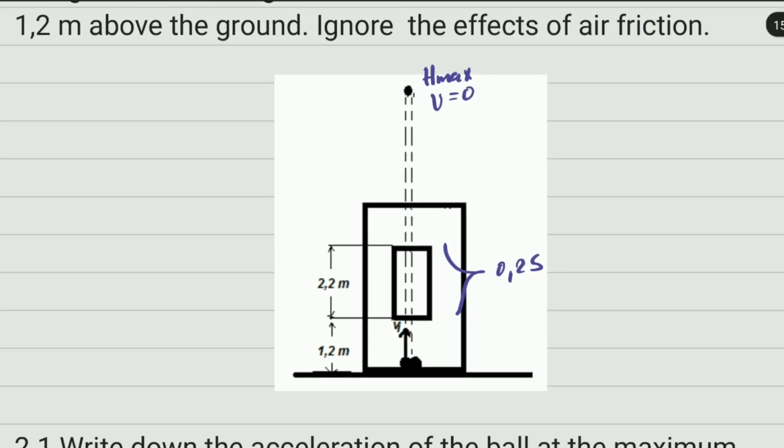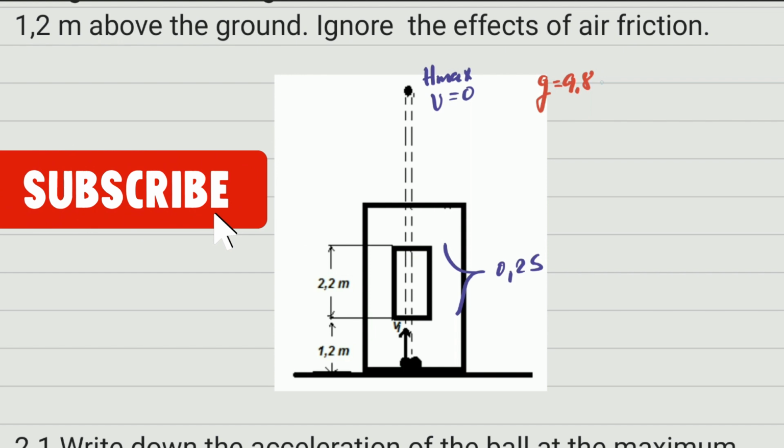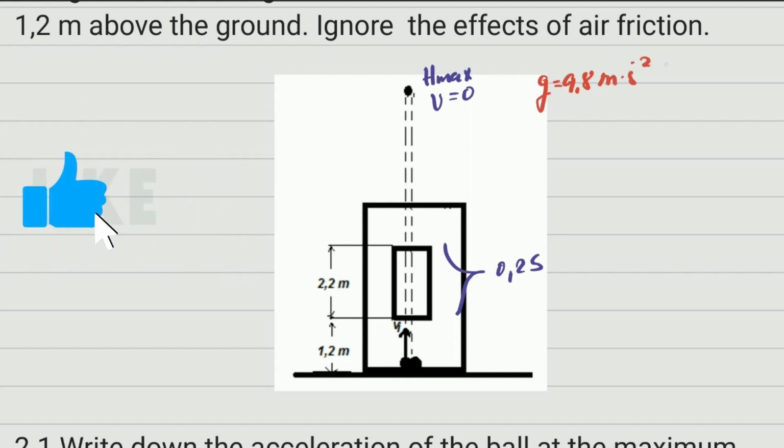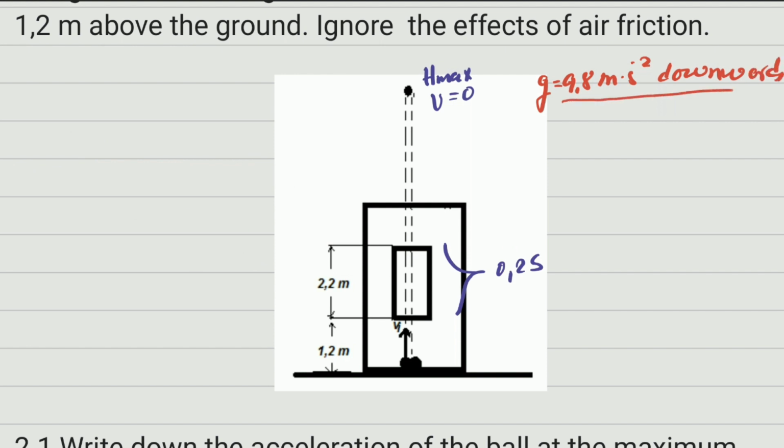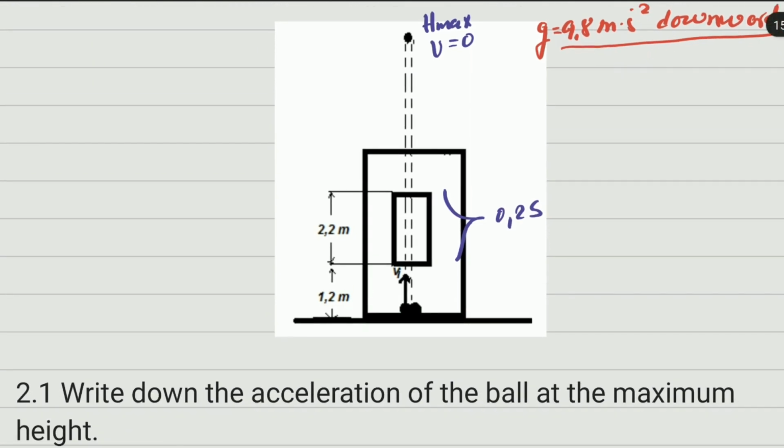If you go to the video we spoke about acceleration, which was the first video on projectiles, you could say that the acceleration due to gravity at any point is going to be 9.8 meters per second squared downward. I prefer to say towards the center of the earth, which would be correct, but I'm not going to write it, it's too long, and we spoke about that a lot.